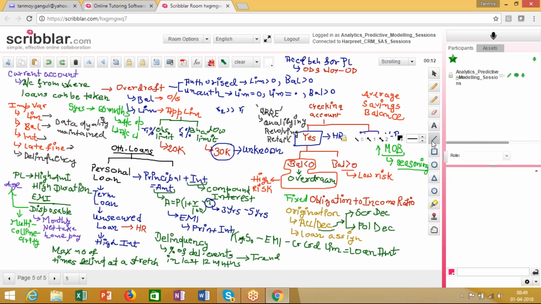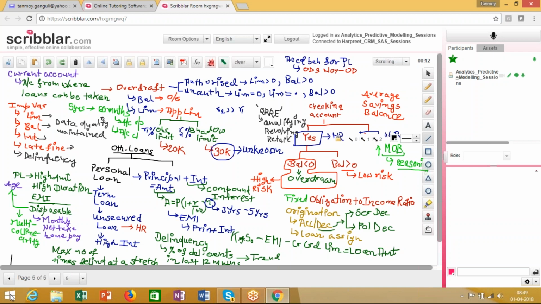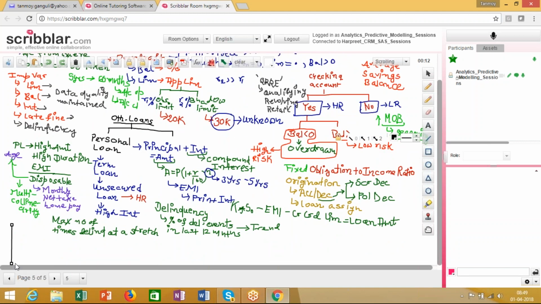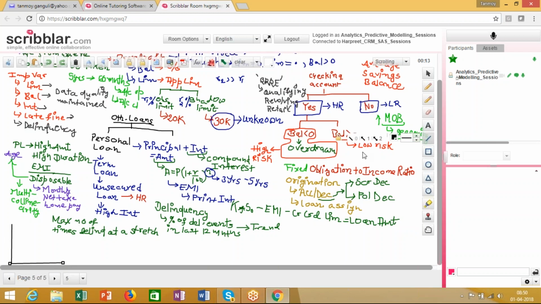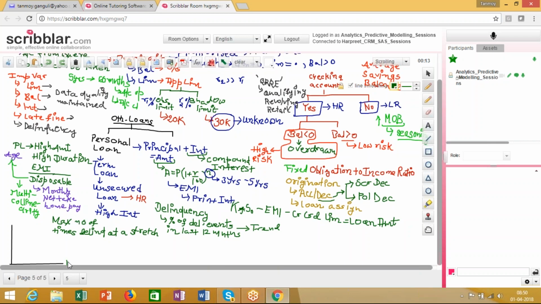Say for example, over here, I'll just show you. Over here I'll have the month on books, month on the books of the bank, and over here I'll have the bad rate.